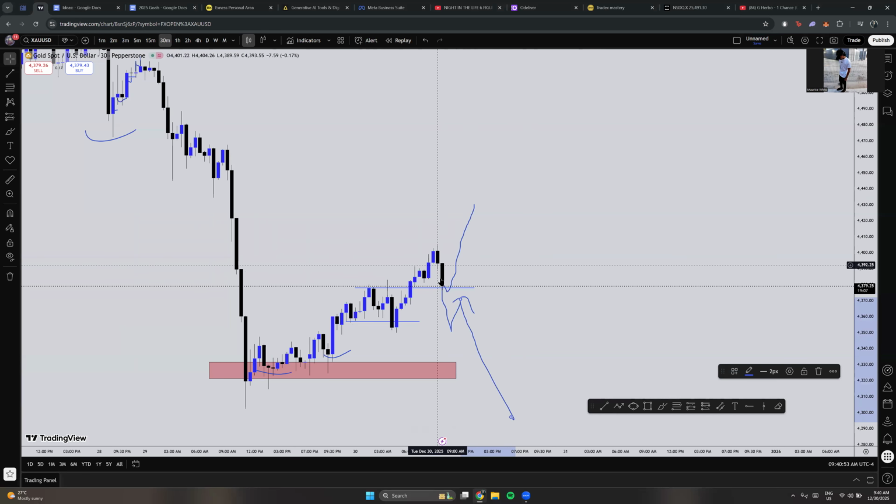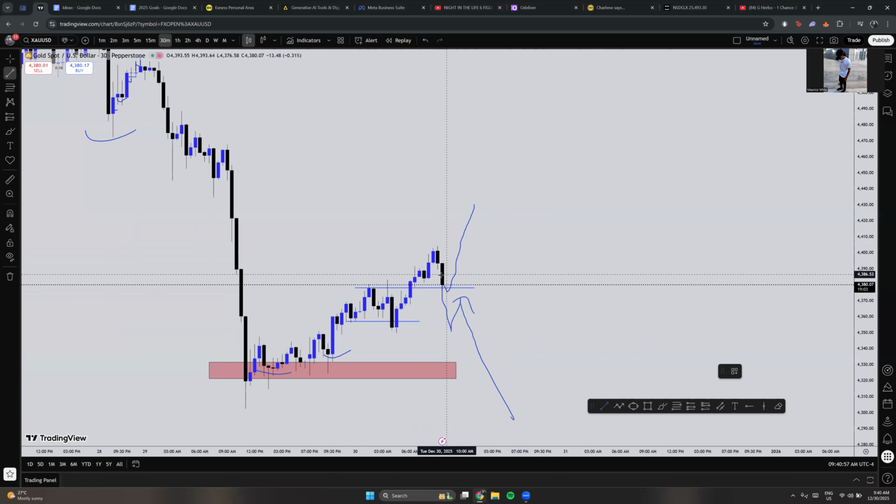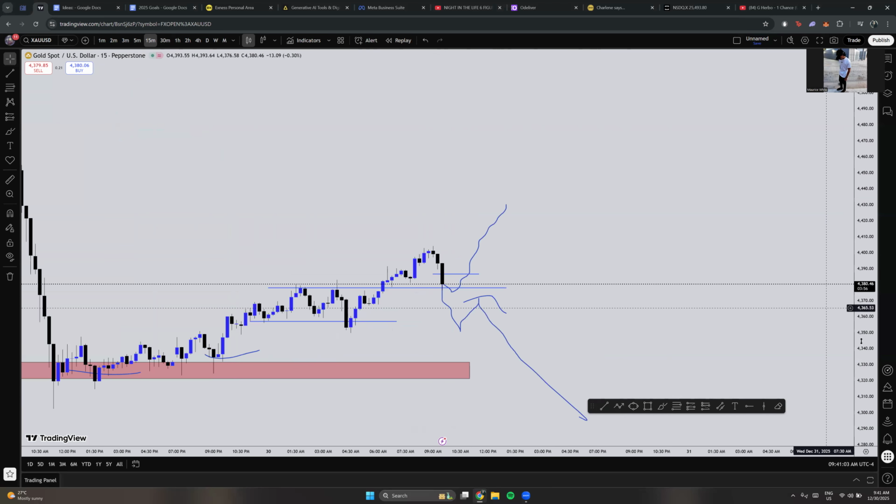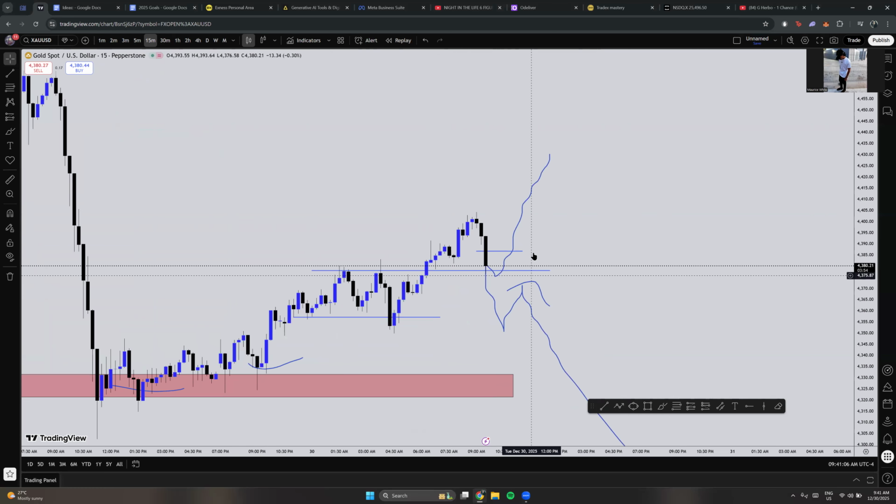Or again, if price does give us bullish momentum here, we can look for buys if we get some bullish variations on the smaller time frames. We could definitely take some buys or sells, depending on how structure forms.